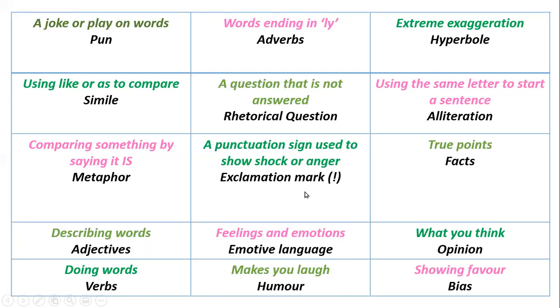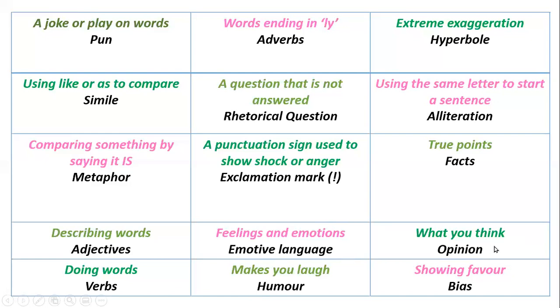Okay. Exclamation mark is used as a form of punctuation to show shock or anger. Your facts are your true points, things that can be proved. Your adjectives are your describing words used to describe nouns, which are things. And we've got emotive language, which are our feelings and emotions that make our readers feel something strongly. Opinion is what you think, so it doesn't have to be a fact.